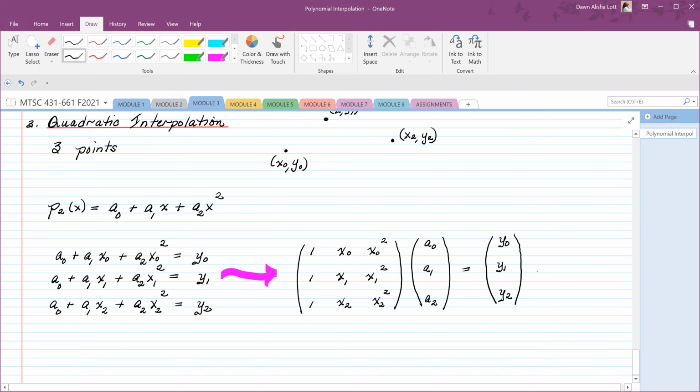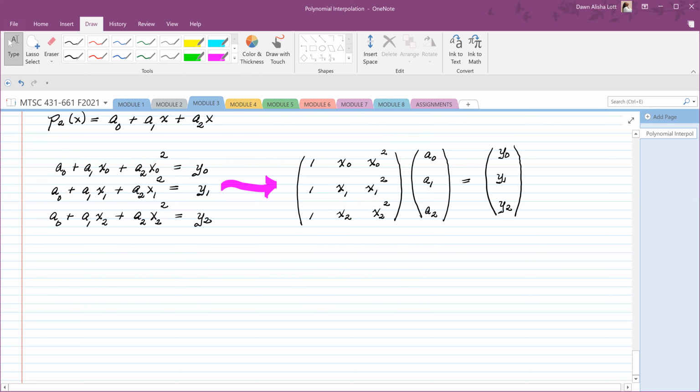All righty, so we're going to find the inverse of the coefficient matrix, and after we find the inverse, we're going to multiply it by y. So this is like M a equals y. Therefore a, which is our vector that we're looking for, turns out to be M inverse times y.